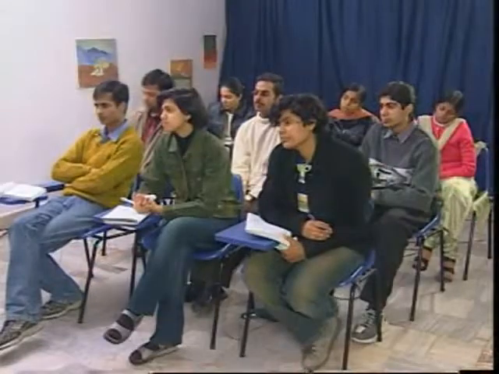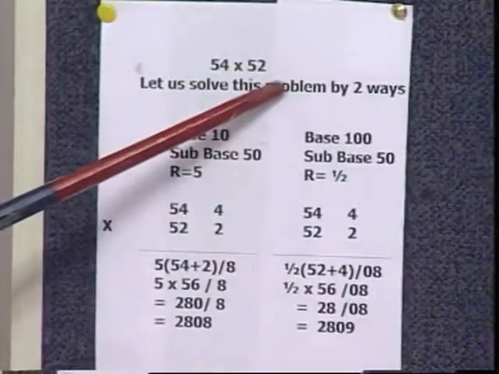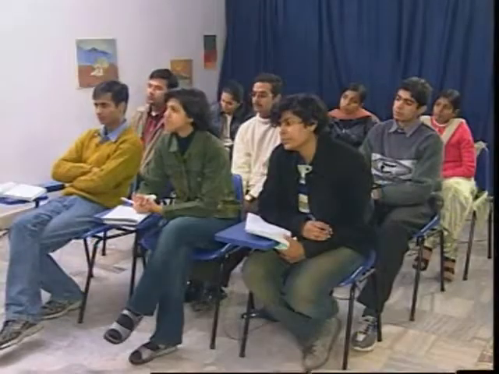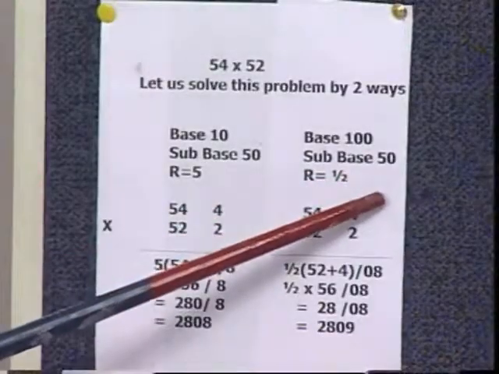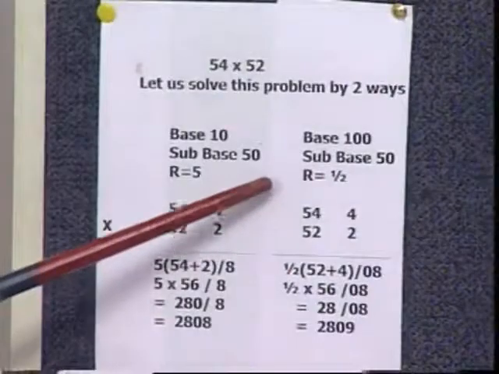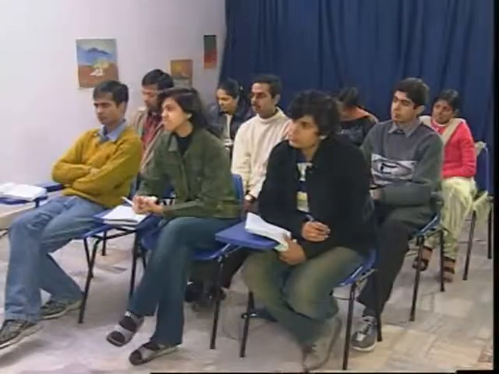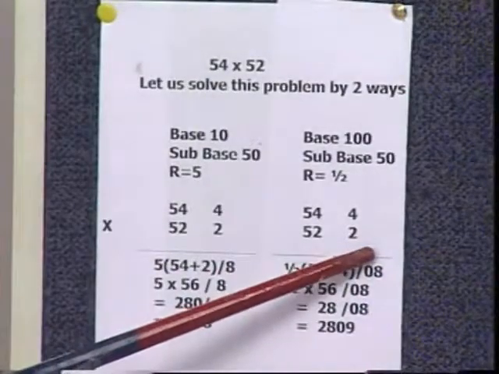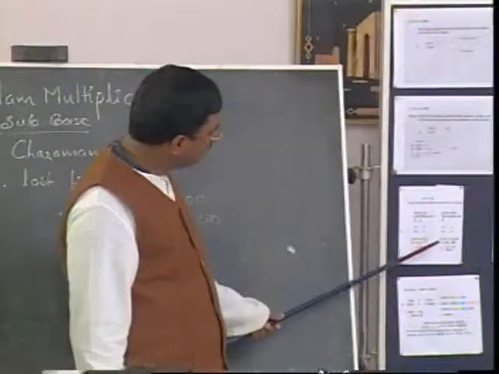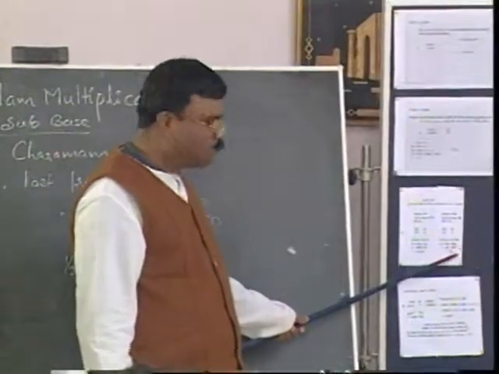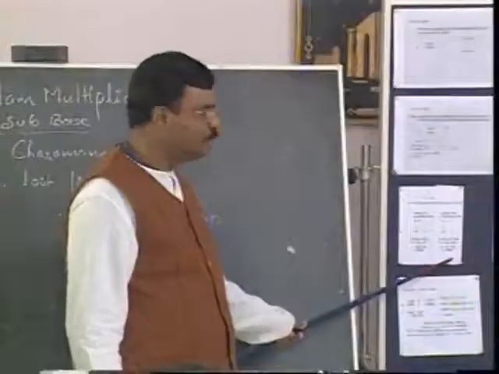If you consider the base as 100, sub base is 50, the ratio becomes half. Then also the deviation is 4 in the first number, 2 is the deviation in the second number. But the right part is always 2 digits because 100 has got 2 zeros.